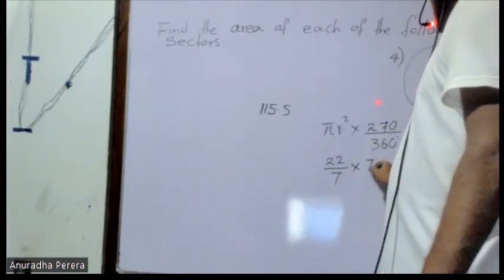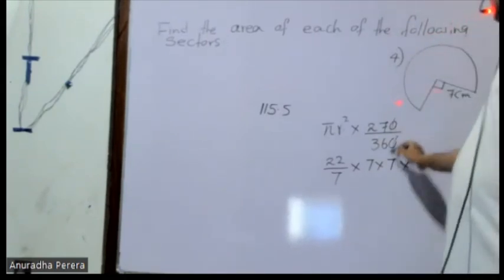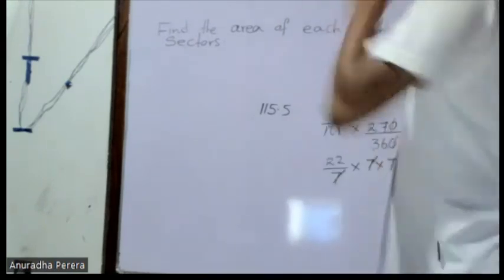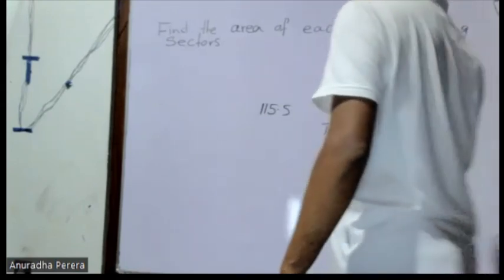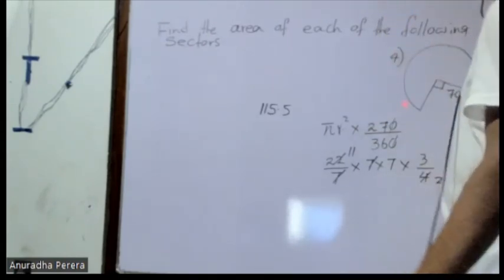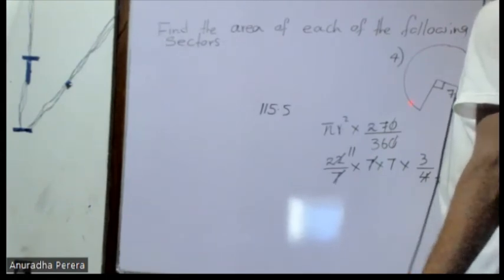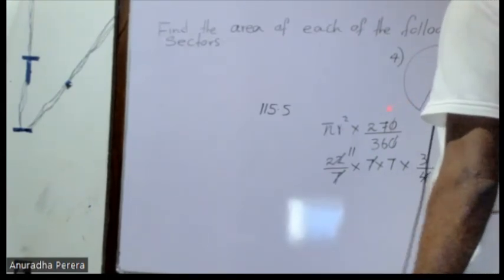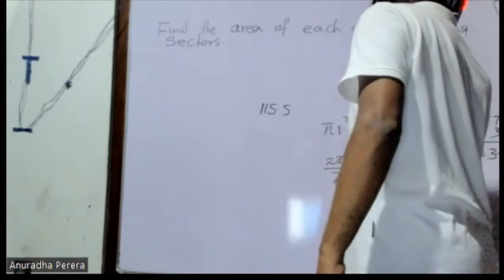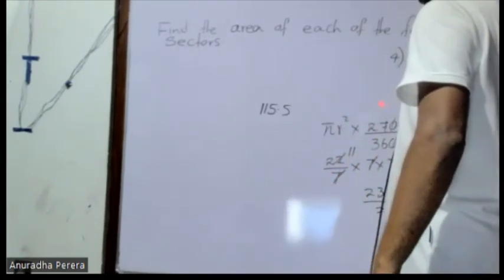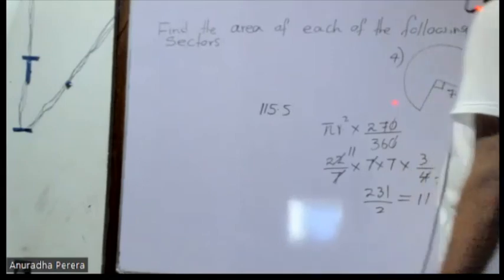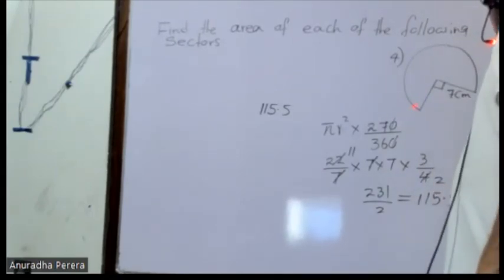Radius 7. Simplify this. 3 over 4. By 7, by 2. 11. 2. 77 into 3. 231 over 2. The answer is 115.5. Yes, very good.